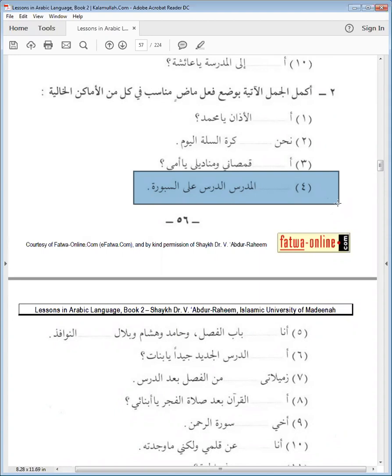Something al-mudarrisu ad-darsa ala as-sabbura. So the teacher did something with the lesson on the blackboard. What do you think he did on the blackboard? He wrote the lesson on the blackboard. What was he going to write? Anybody?